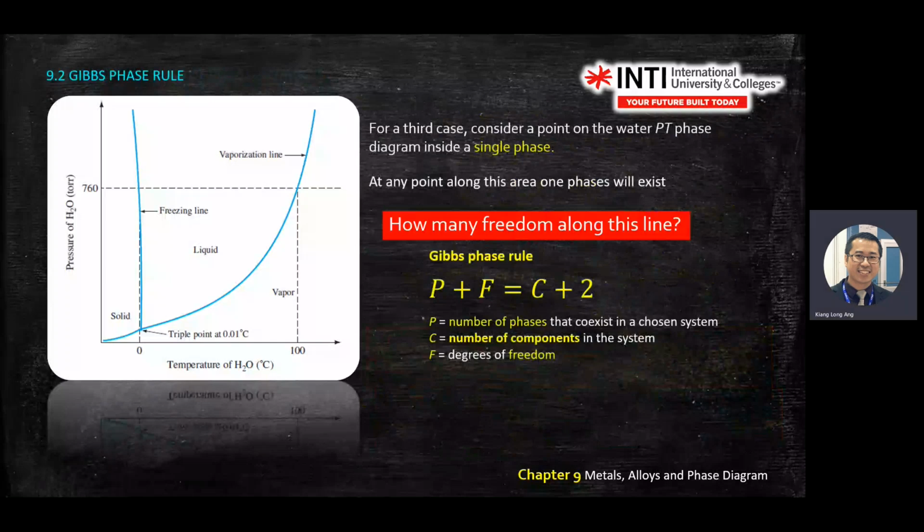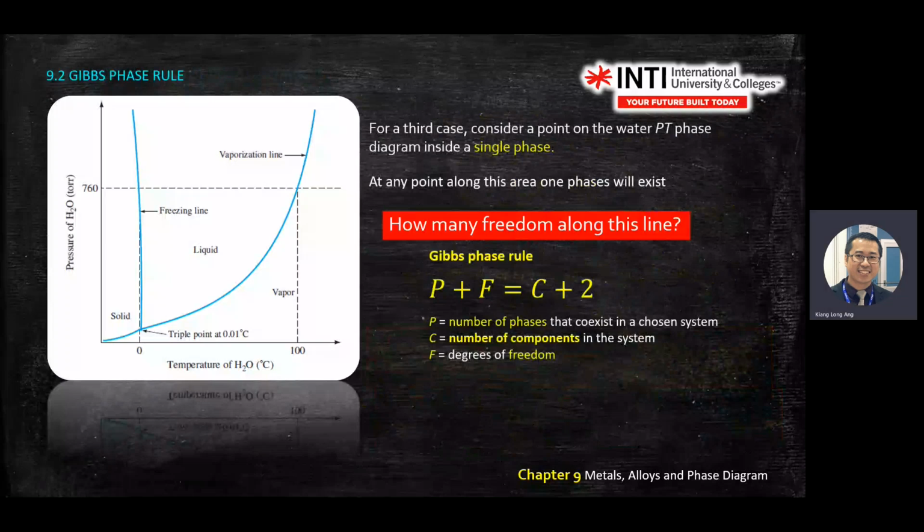And the number of phases is 1. Solid only 1, liquid also 1, vapor also 1. So degree of freedom is 2. It means you can change pressure and temperature together to get that particular single phase. Understand?